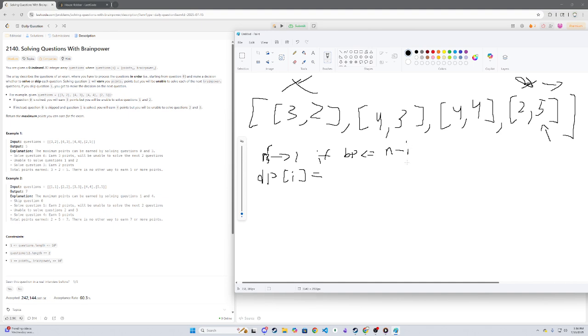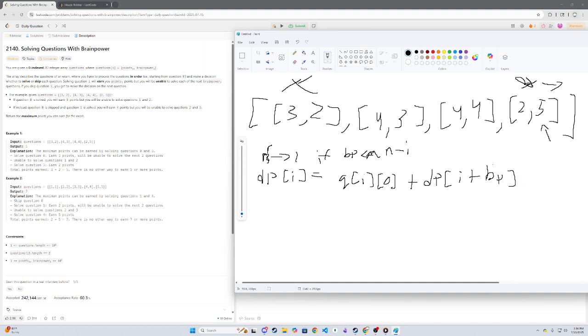We want it in bounds, so is less than n. dp of i, the max we can do here is either we can take it, if we choose to take it, which is let's just say questions[i][0] plus dp of i plus brainpower.